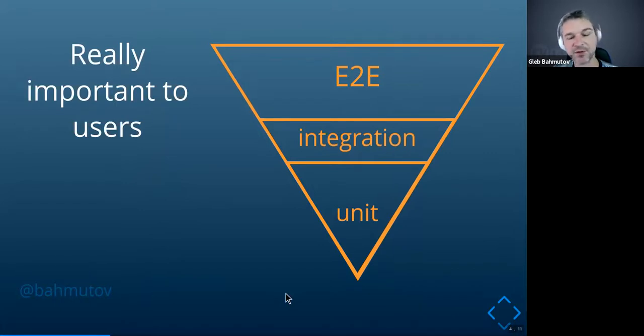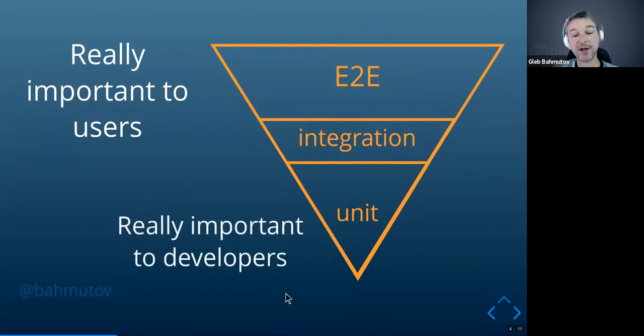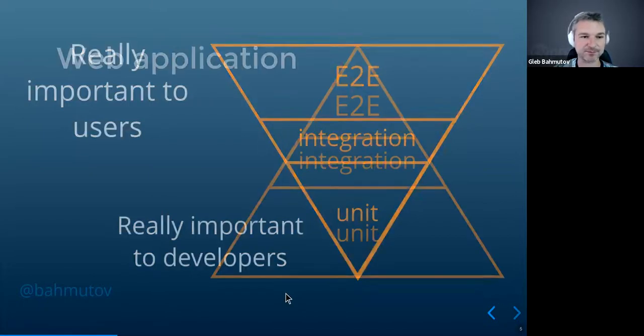So I kind of like to invert the pyramid and say, hey, end-to-end tests are probably very important. As a developer, I still write a lot of unit tests, right? Those are fast, you can quickly run them, you can access all the edge cases, but the users don't care about those things, right? They care about the whole system working together.